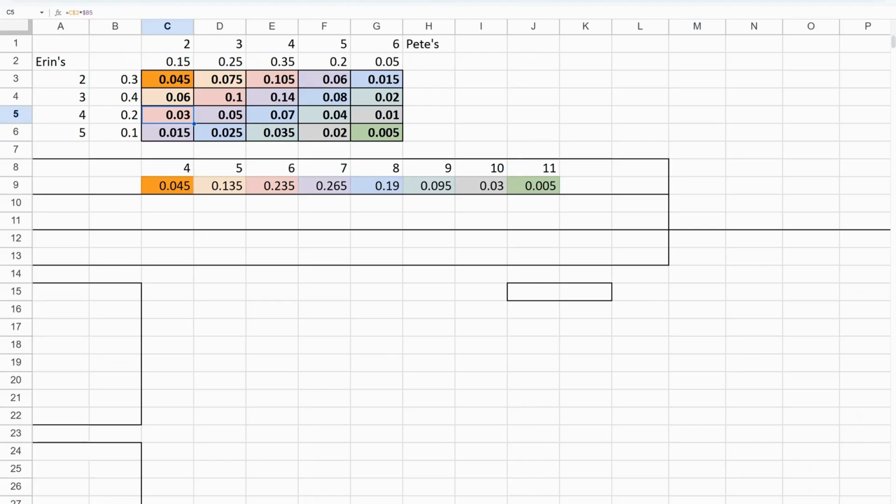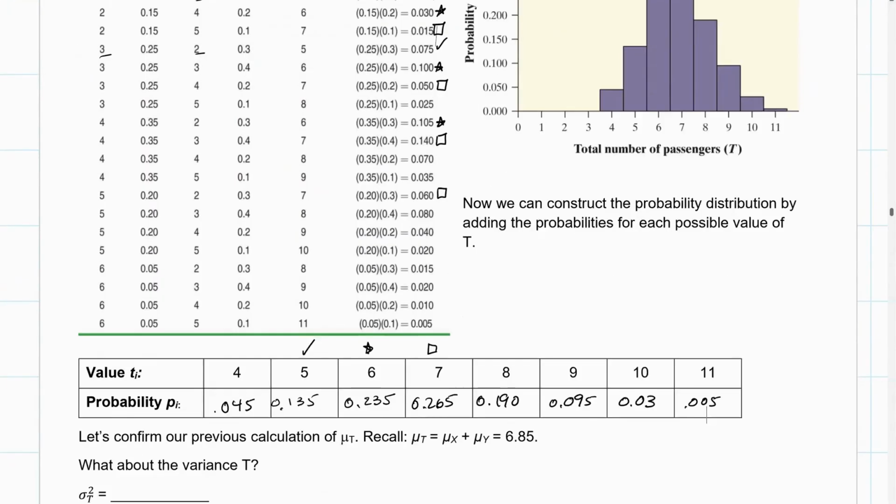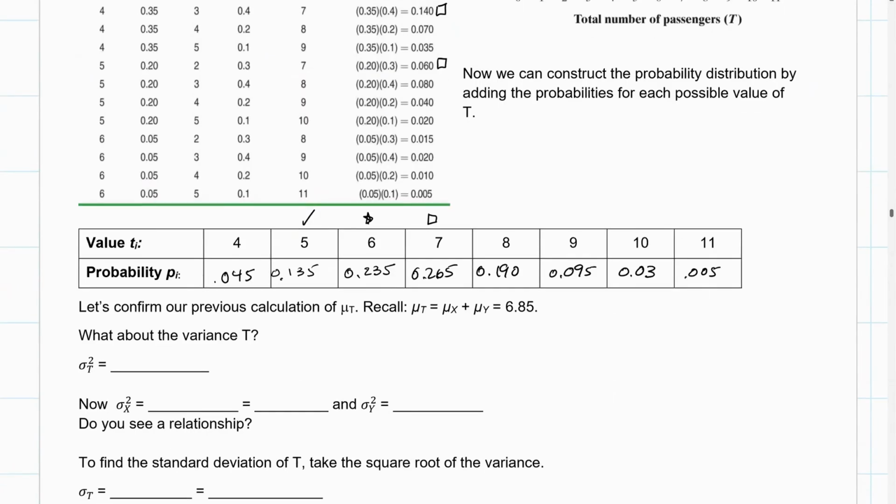All right. So back to the notes. It says we thought that the mean of that new random distribution t was going to be 6.85. I showed it through a simulation. But what about the variance of this? Well, we were told that the standard deviation of x was 0.83843.